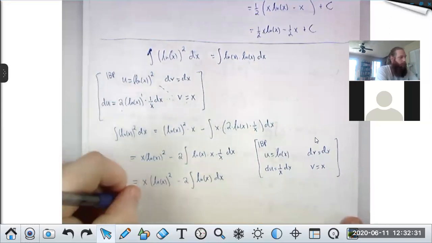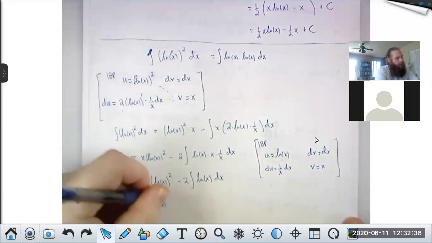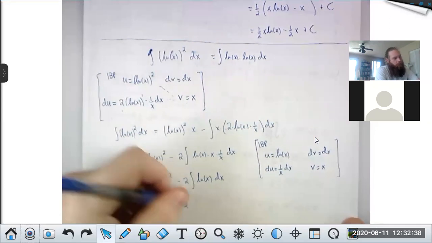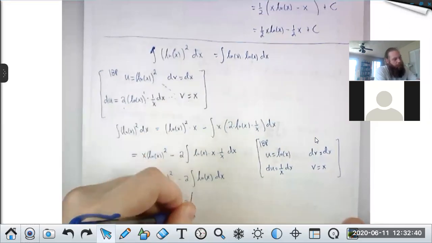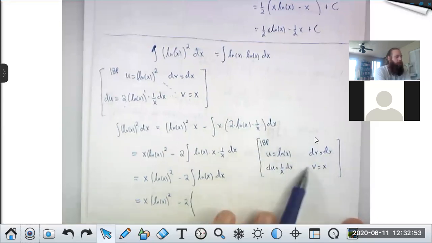Yes, sir. This will be x times ln of x squared minus 2, and then I open up big parentheses. And then inside these big parentheses goes the stuff from this IBP table. So that's u times v. Write this somewhere where I actually have room.